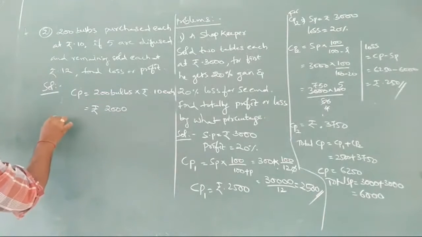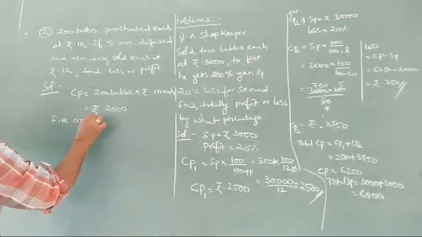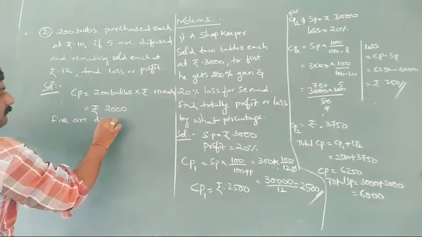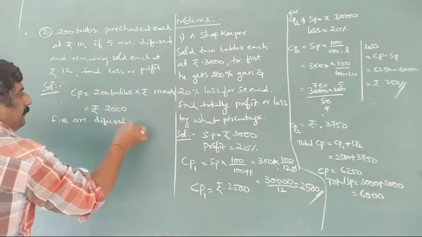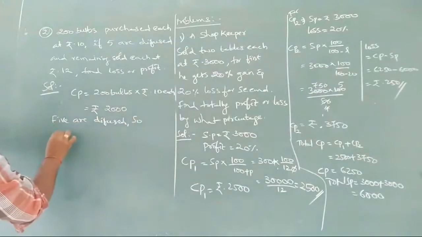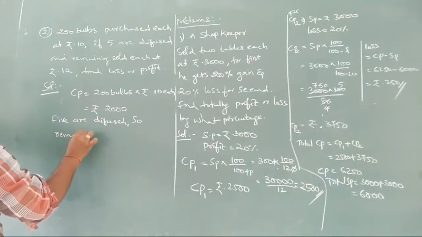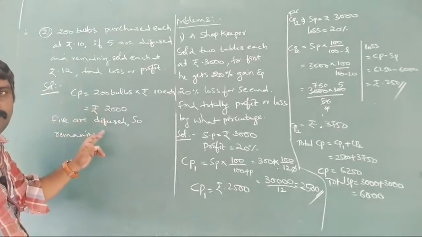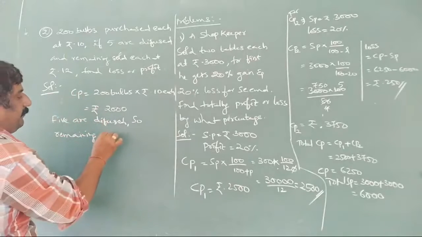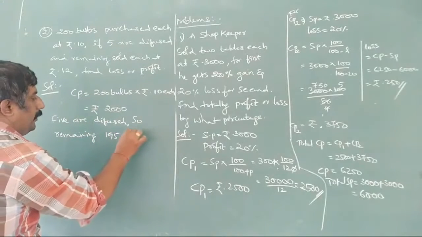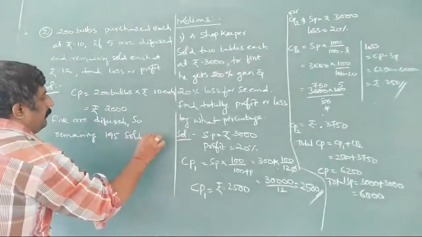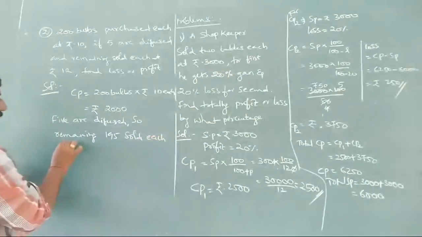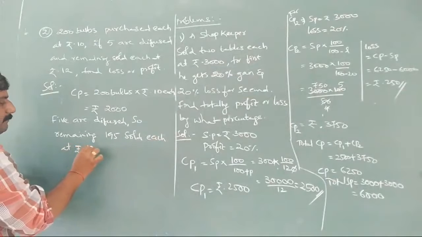Now 5 are diffused. So how many are remaining here? Out of 200, 5 are spoiled. So how many remaining do we have here? 195. Sold each at rupees 12.